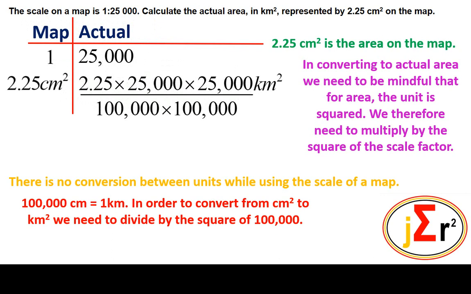Also, since we are converting to square kilometer, we need to divide by the square of the factor by which we convert centimeter to kilometer. So we need to divide by the square of 100,000.